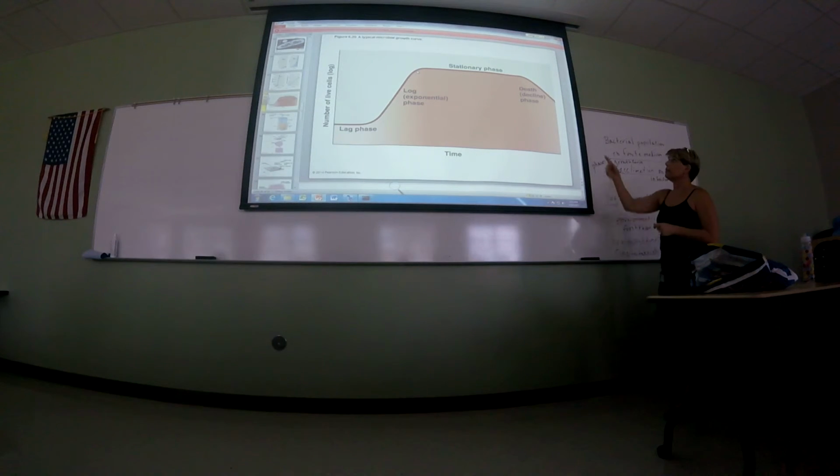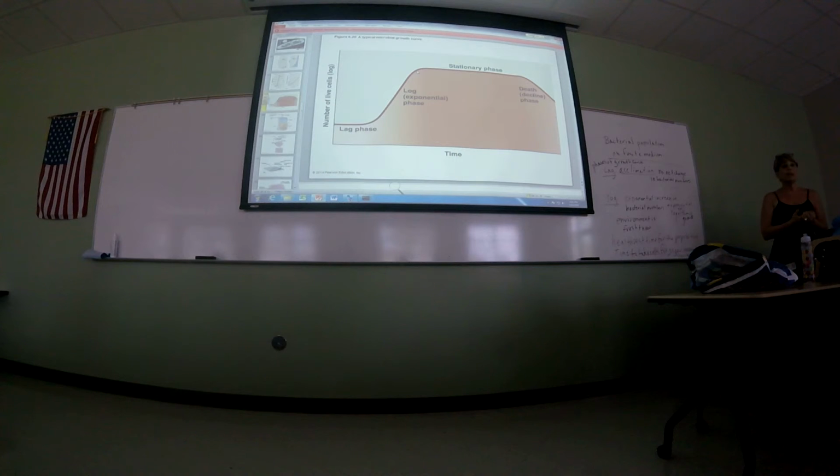So that's the idea. When you get to the stationary phase, some cells are still capable of replicating, and some cells are dying of old age. So, let's say a cell replicated here, it might die off by here. But a cell that just replicated here might have its second generation up here. So it's all relative.